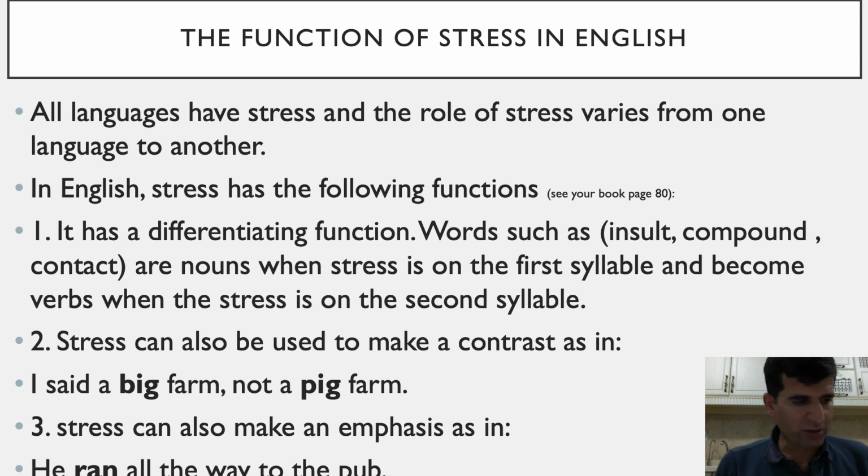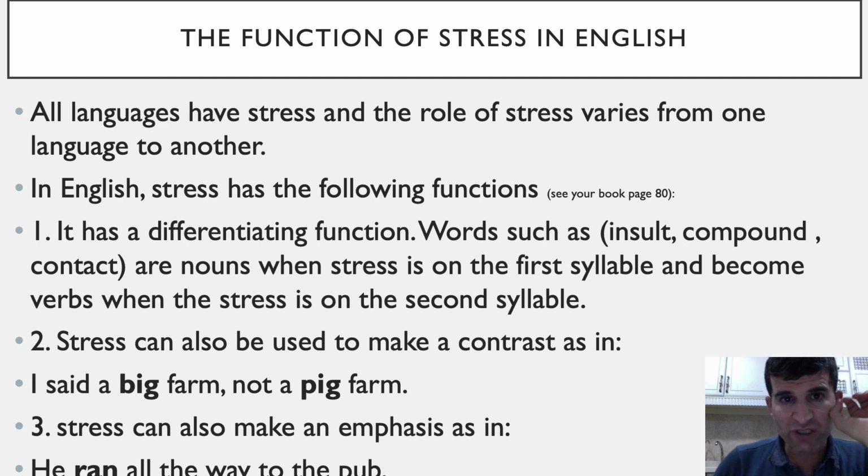If we talk about languages like our native language, Kurdish, like Farsi, which is from the same language family, because both Kurdish and Farsi are Iranian languages, or French, or Turkish, in these languages the stress is usually on the final syllable of the word.